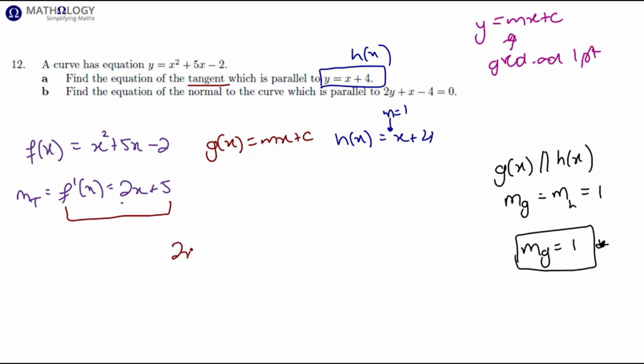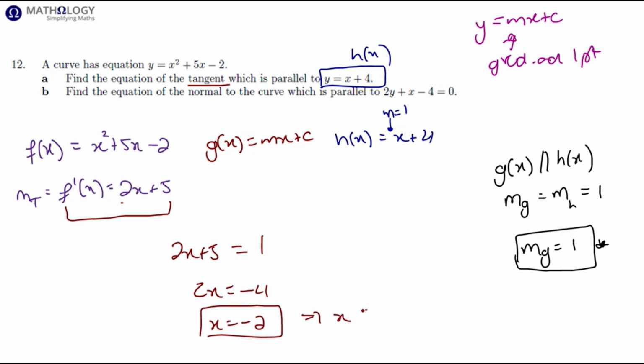So in other words, 2x plus 5, which represents the gradient of a tangent, equals 1. So 2x equals negative 4, x equals minus 2. x equals minus 2 represents the x coordinate of the point of contact between the tangent and the curve.